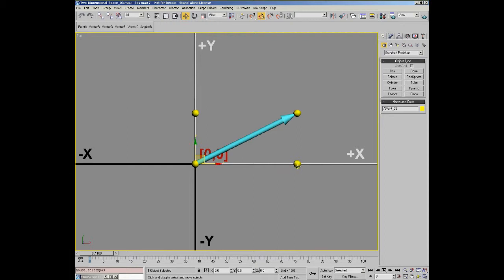We can also represent it as a one-dimensional vector in the space of the x-axis with length equal to the x-coordinate of our point. The same can be said about the y-coordinate. It's another vector, a one-dimensional vector in the space of the y-axis with length equal to the y component of our Point2 value.